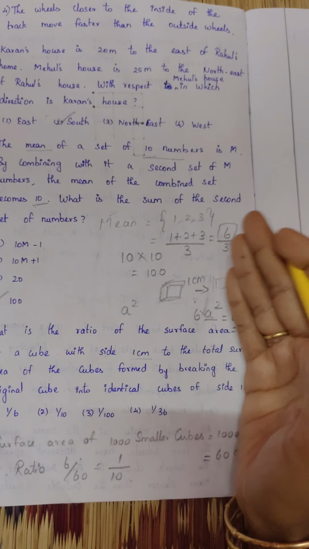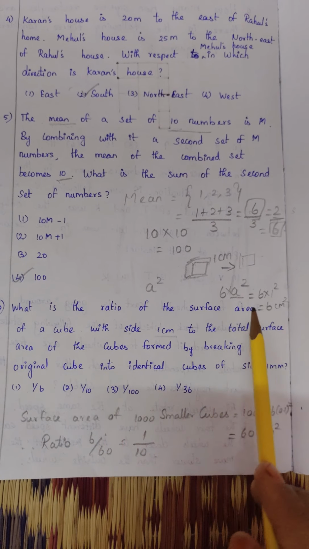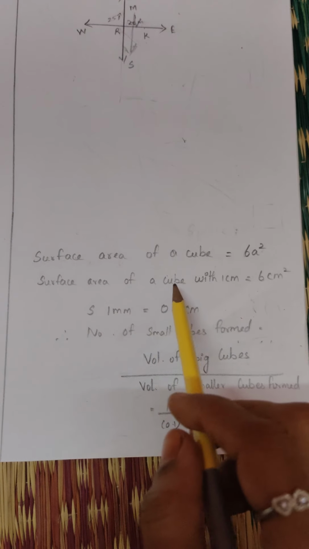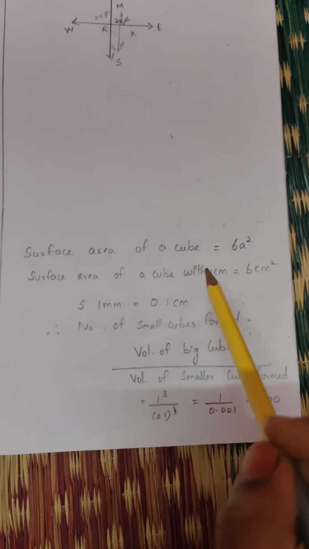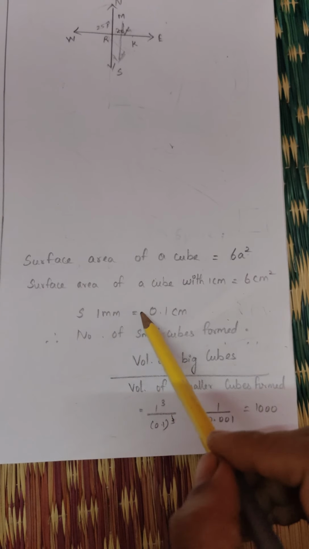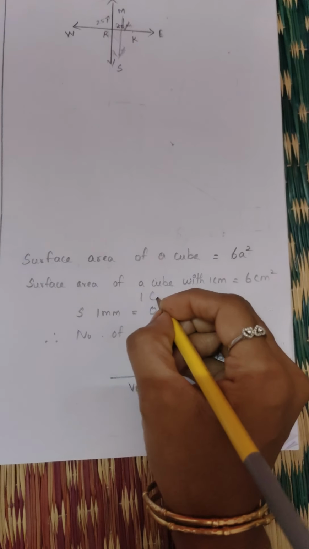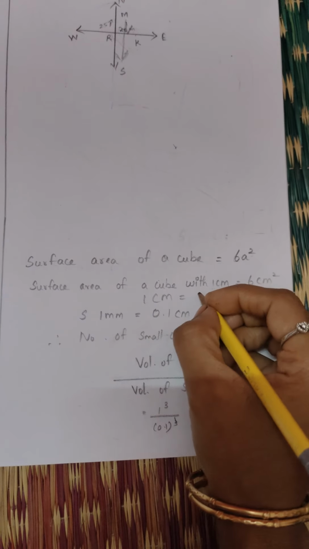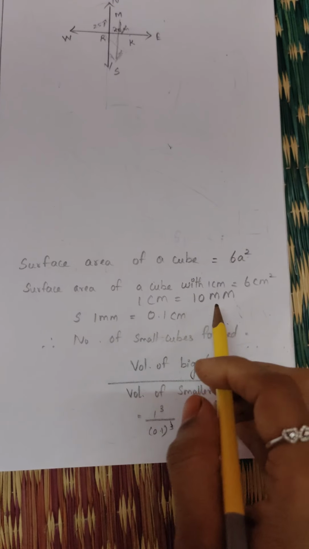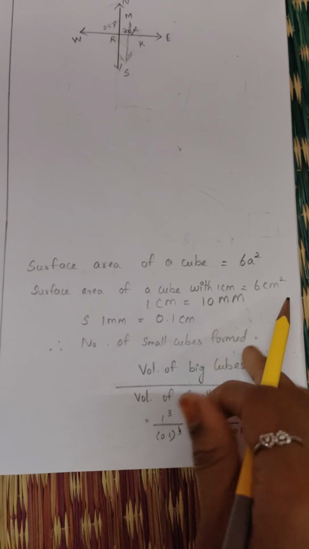So we will find how many identical cubes it will be broken into. 1 centimeter is equal to 10 millimeter. So 1 millimeter will be considered as 0.1 centimeter.